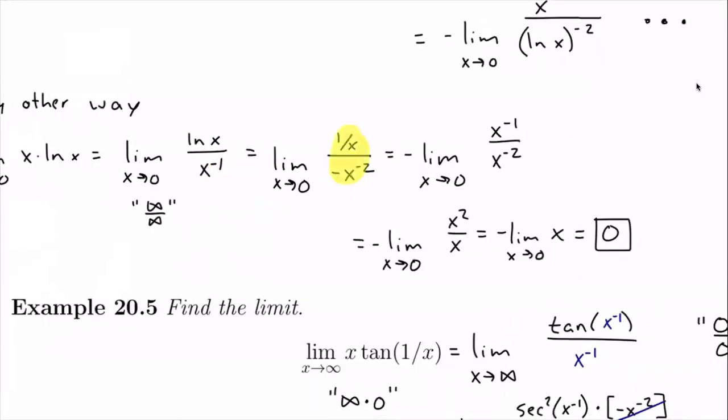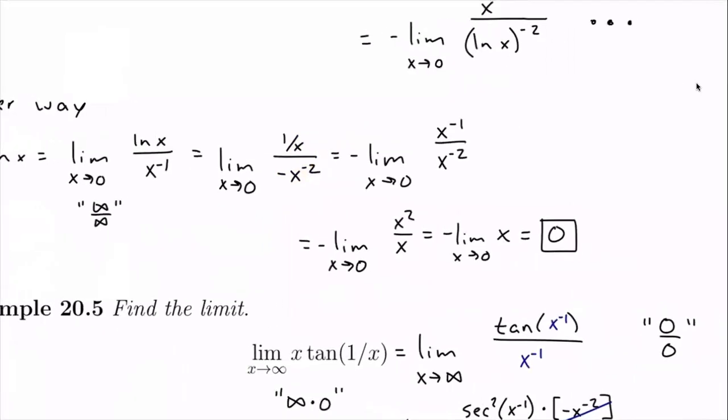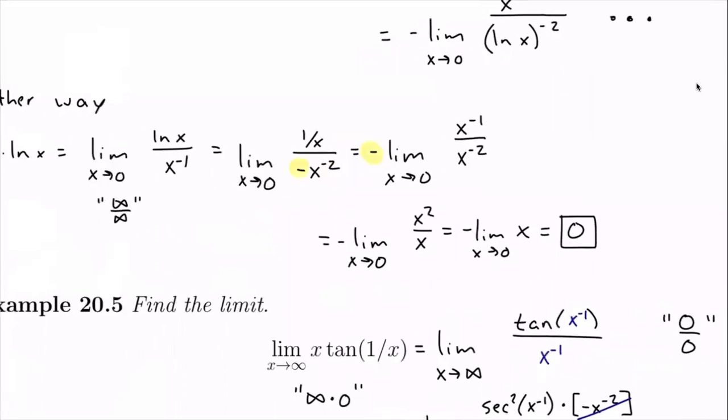Now I start to simplify. This is looking a little bit better than it did before. All these functions seem to be related to one another. So negative, that came from this minus sign here, but x to the -1 is 1 over x, and we have an x to the -2 in the denominator. So this simplifies with this minus sign in front to 1 over x to the -1, or I can think about it this way.